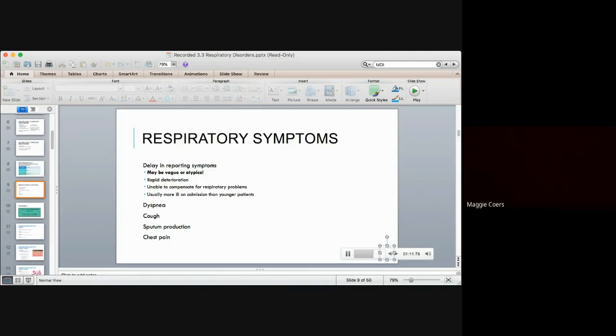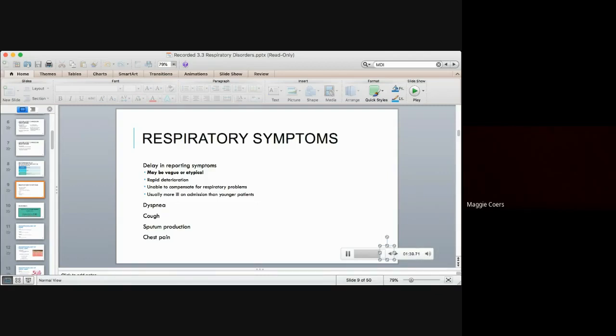The other thing about the older adult's symptoms is they may present with things that are more vague or atypical. Atypical signs of respiratory problems include confusion, loss of appetite, decreased functional ability, or all of a sudden they're just not themselves anymore.